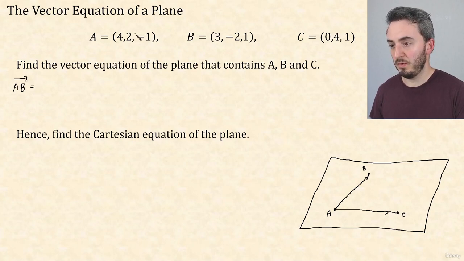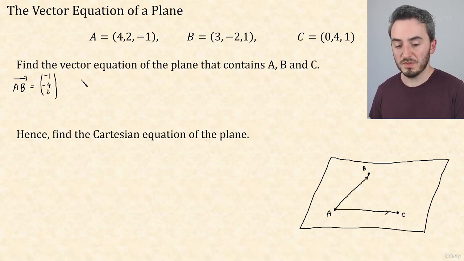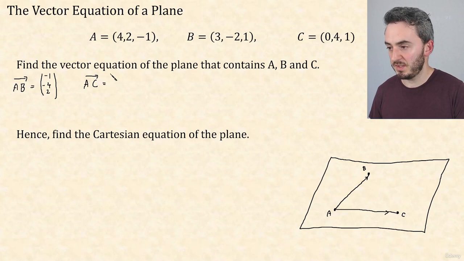So all we actually need is the vector AB, which is the position of B minus A. So 3 minus 4 is minus 1, minus 2 minus 2 is minus 4, and 1 minus minus 1 is 2. And then we'll also need AC. A to C is the position of C minus the position of A. So 0 minus 4, 4 minus 2, and 1 minus minus 1.